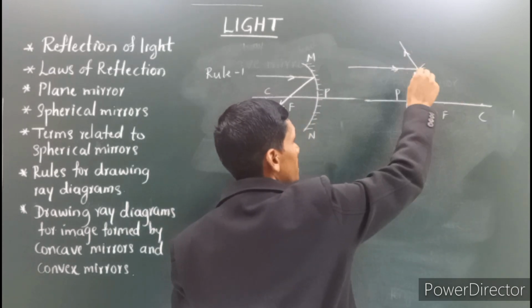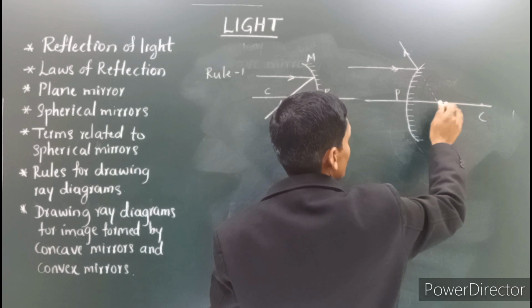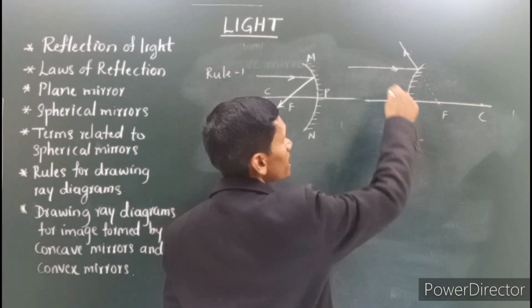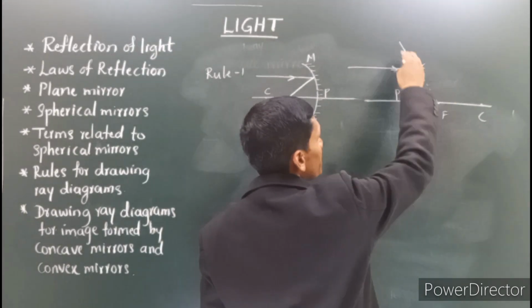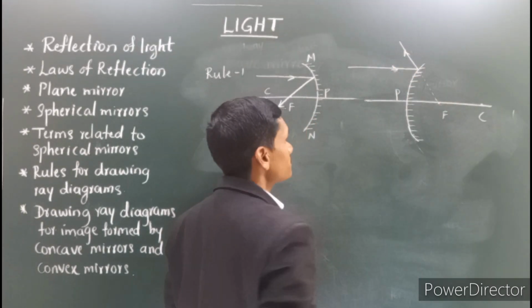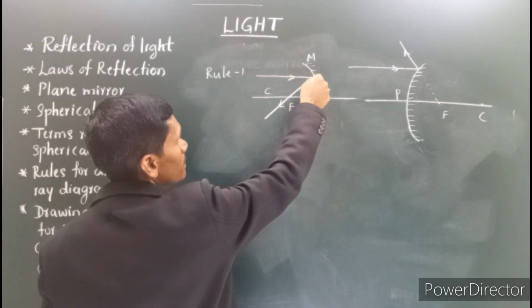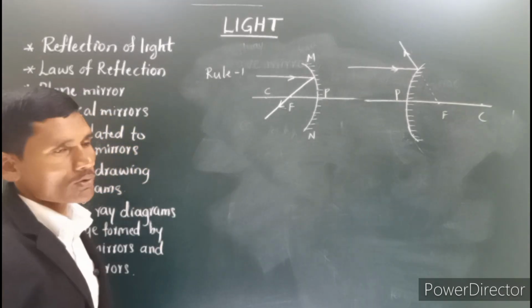It appears to be diverging from a point on the principal axis, which we call the principal focus. In a concave mirror, if it is parallel, it passes through the principal focus. This is the first rule.